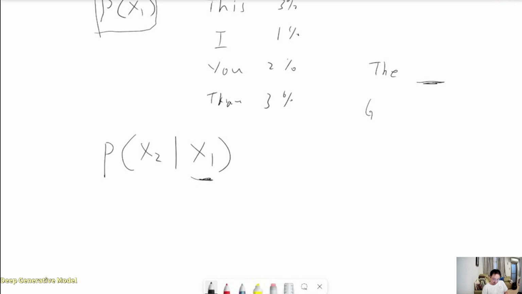Or if this is a green or red, then the second one might be a noun, unless it is something like green is a good color. This is 5 words, like it might be a be verb, or it might be a noun. But if this one is like I, you, they, then the second one is more likely to be a verb. So the probability of the second one depends on the first one.